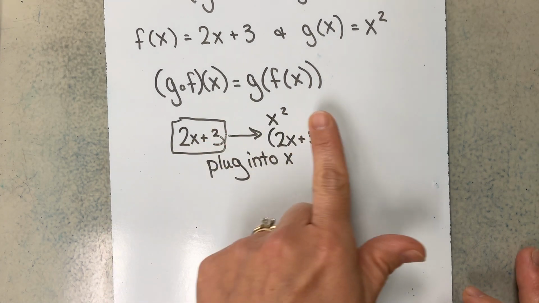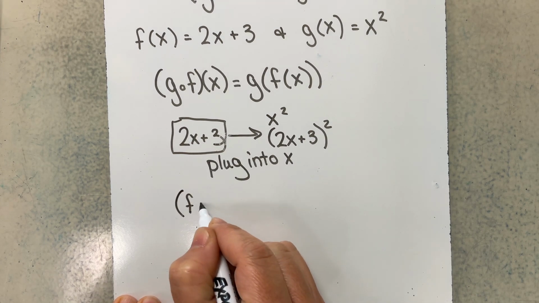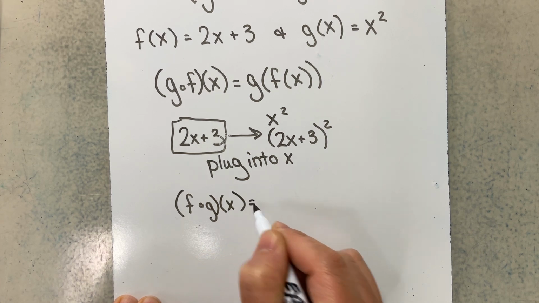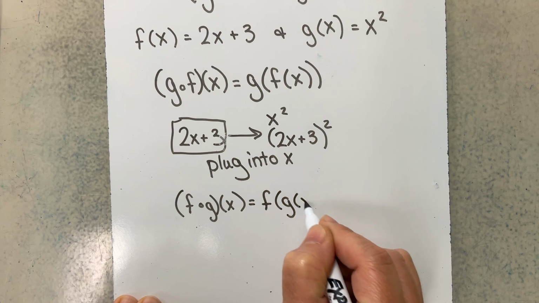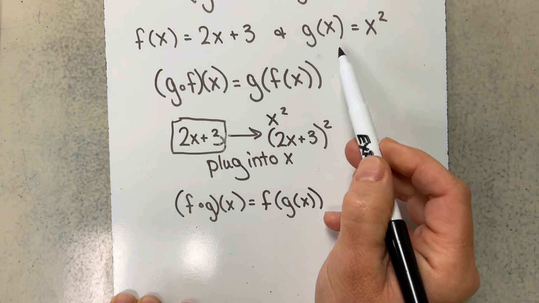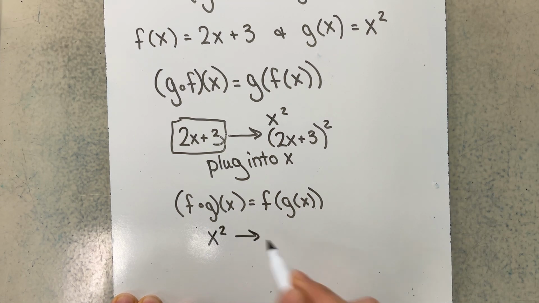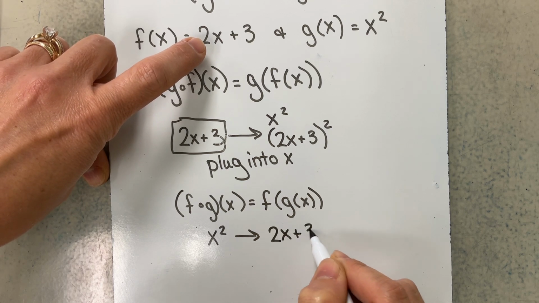Still using these two functions, this time I'm going to do f of g, which means my g function is going to go inside my f function. So my g function, x squared, is going to go inside my 2x plus 3.